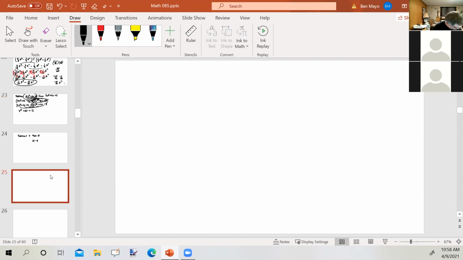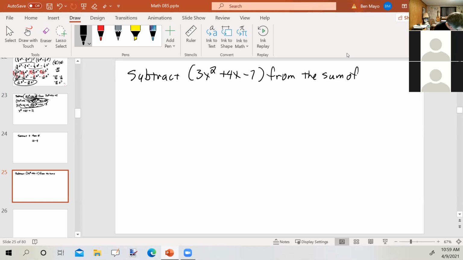Now, take a look at this situation. It says subtract 3x squared plus 4x minus 7 from the sum of negative 2x squared minus 7x plus 1 and negative 4x squared plus 8x minus 7.